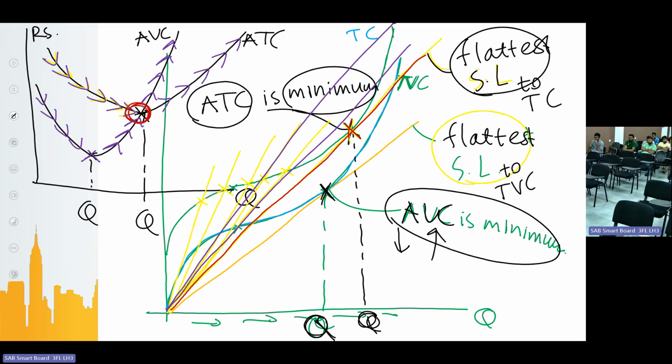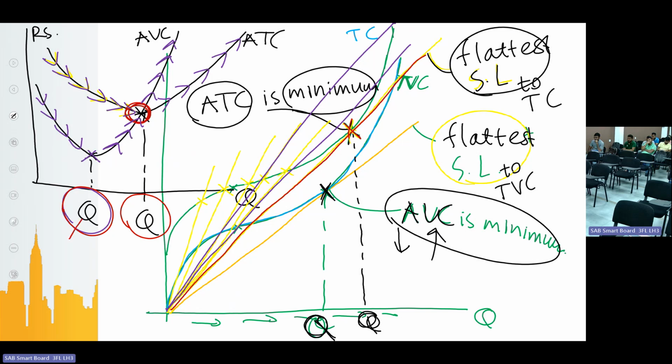The only difference is the minimum point of ABC comes first. And then the minimum point of ATC comes.